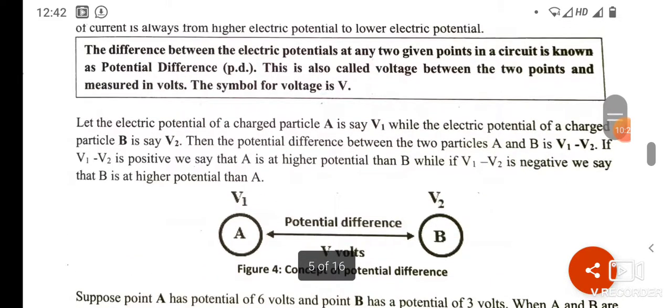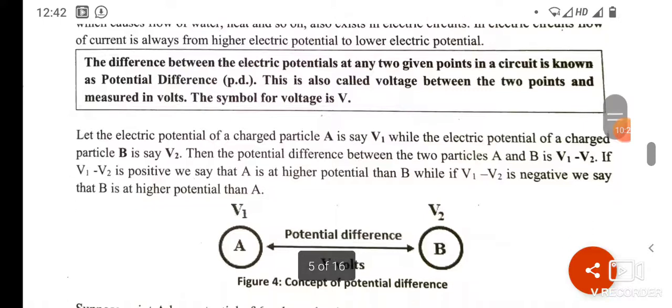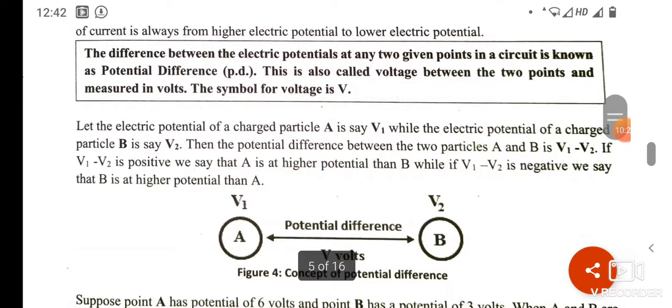This is called a potential difference. Potential difference is the difference between voltage itself. So the unit is also volt itself, and the symbol as V. Potential difference is the difference between the electric potentials at any two given points in a circuit.